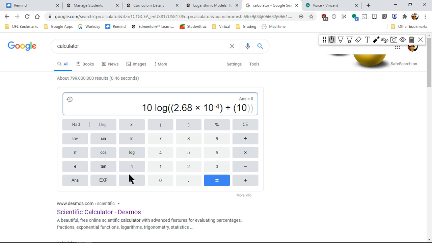Or I'm sorry, it should be -12. So we're going to do 10 exponent -12. Close the first parentheses for it being on the bottom. Close the second parentheses for it being inside this log. And our answer ends up being 84 decibels.